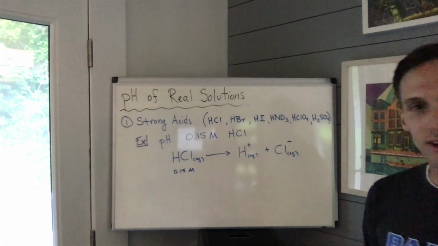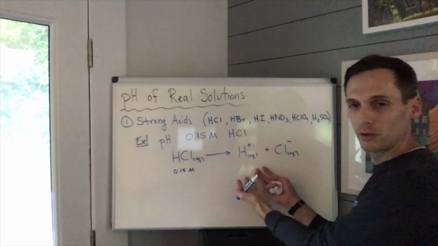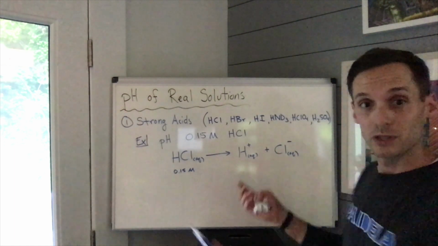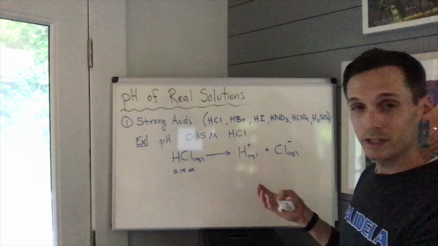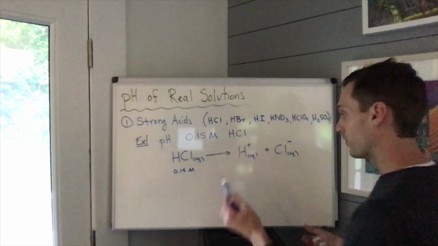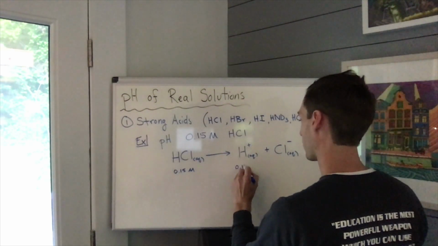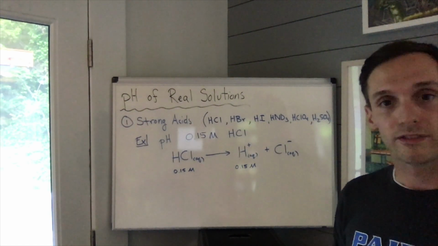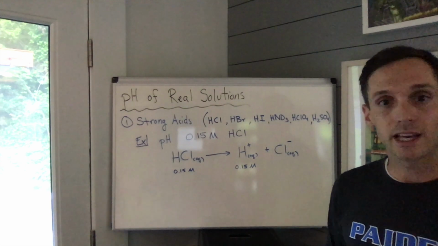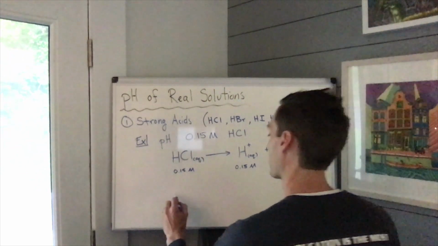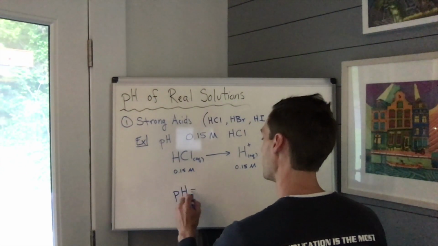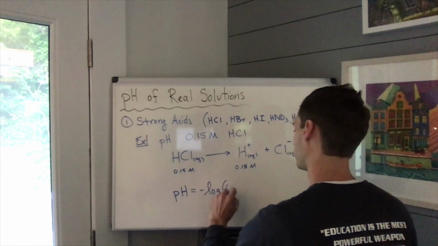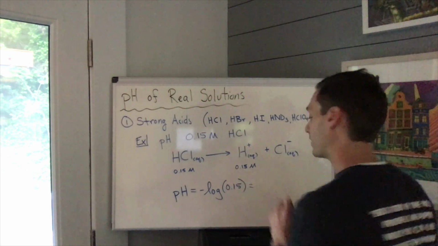And if we have 0.15 molar HCl, what would be the molarity of H plus ions given the mole ratio between these two? It's a 1-to-1 ratio, so therefore we can assume that it's also going to be 0.15 molar. Well, we just got the H plus molarity. All you have to do in order to get the pH of this solution is take the negative log of 0.15.